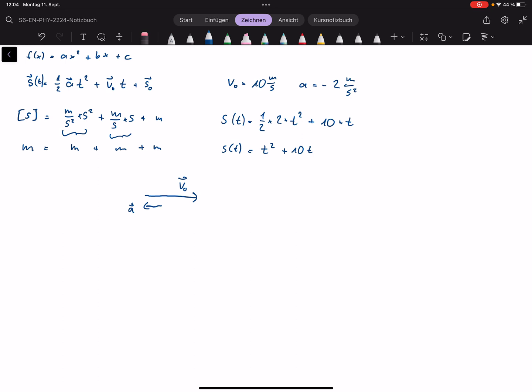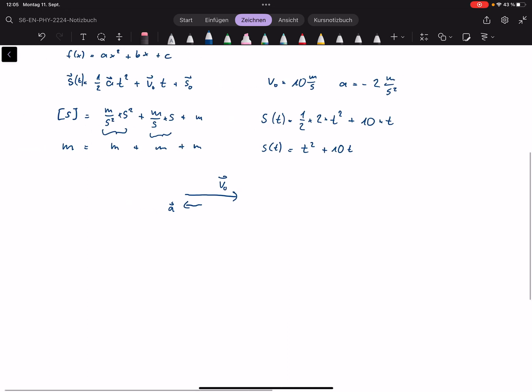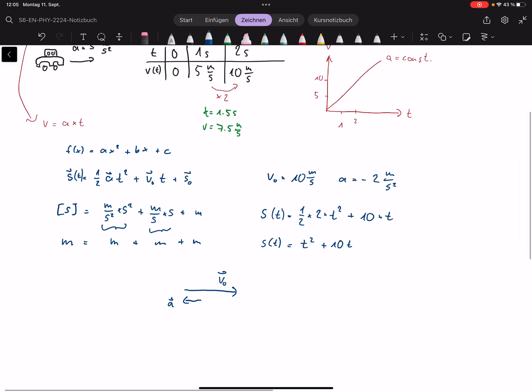So that means we can't add the two vectors here because we have different units. So we can't say a plus v. That doesn't work, at least not in mathematics. Well, not really in physics, but we did have this formula here, v is equal to a times t.